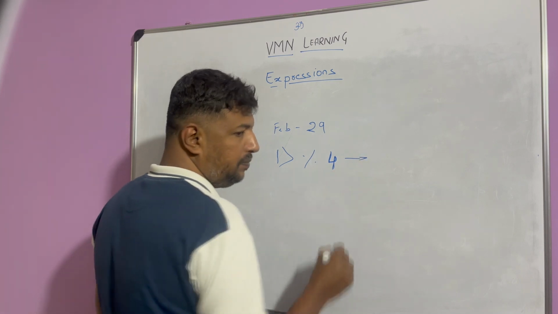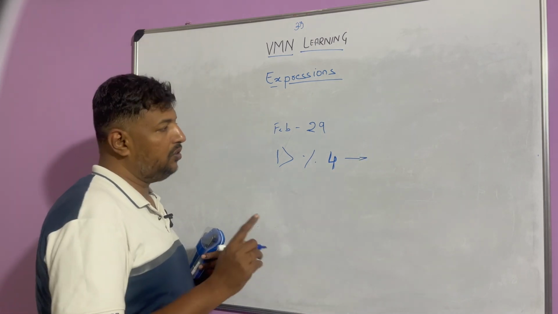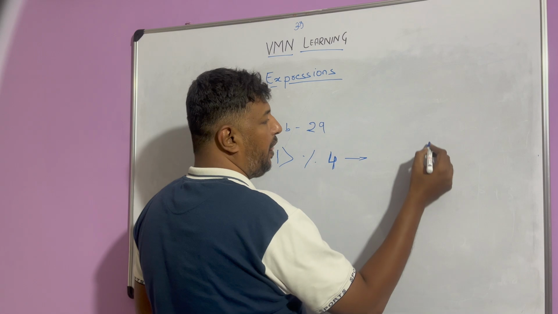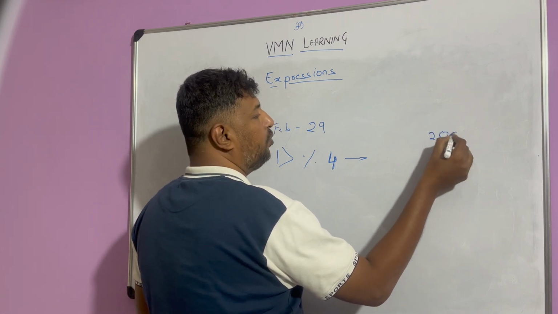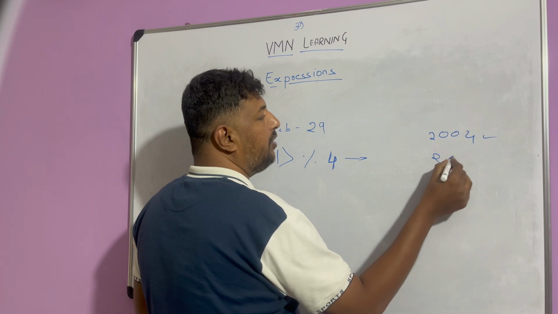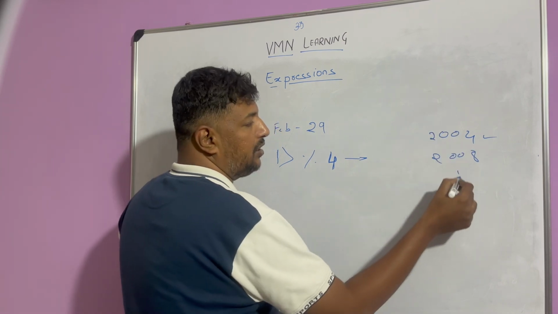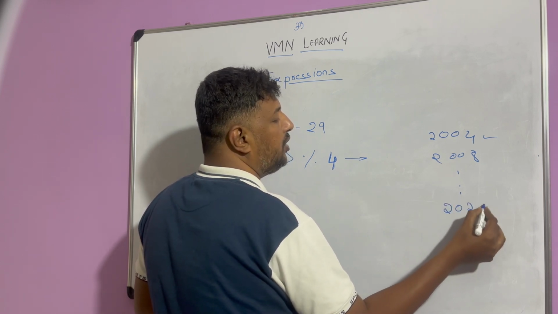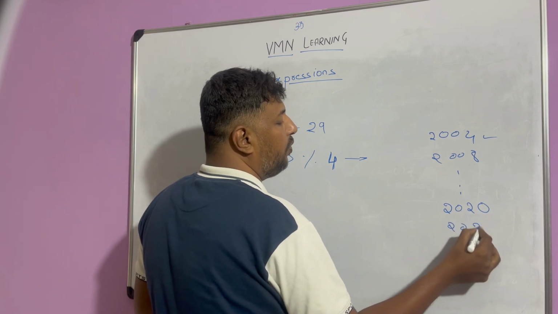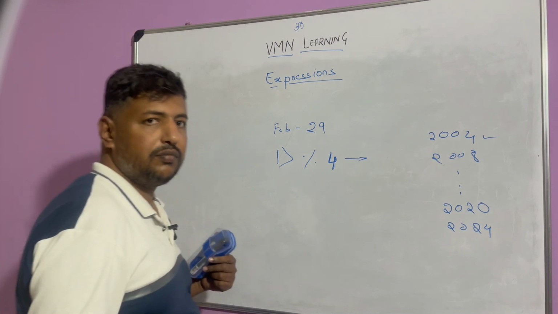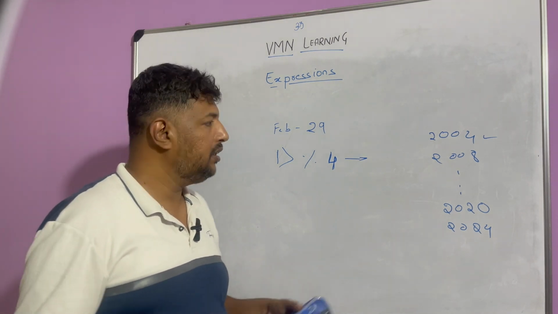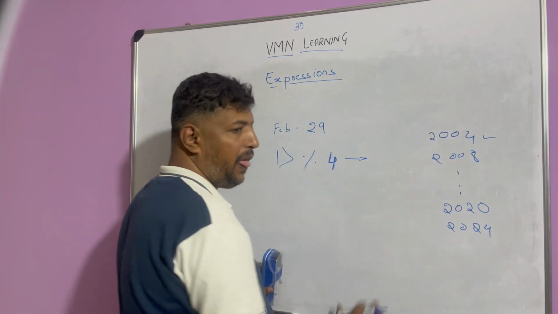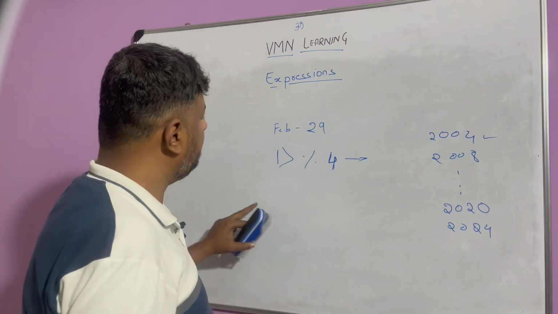Now, starting with 2004 it will be a leap year, 2008 will be a leap year, going forward, 2020 was a leap year, 2024 was a leap year. So it has to be divisible by 4.